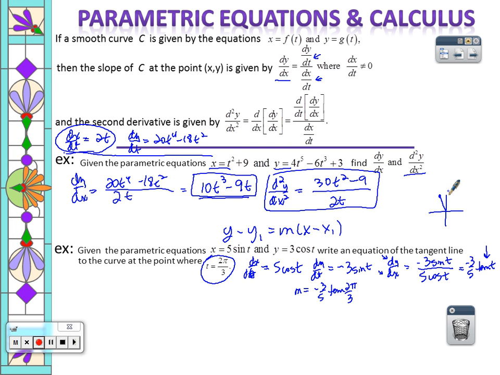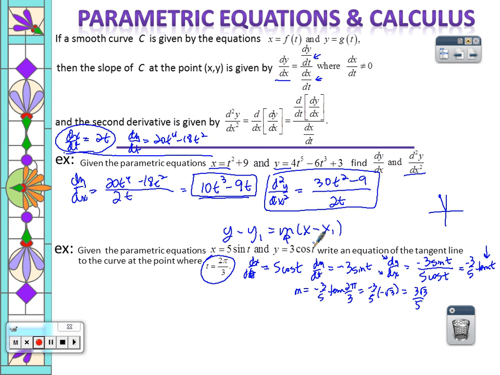It's sine, so it's root 3, and sine would be positive and cosine would be negative, right? Positive, negative. So it's going to turn out to be negative 3/5 times a negative root 3. Right, with me? And so we complete our arithmetic, and we get 3 root 3 over 5. So that's going to go right here in just a moment.